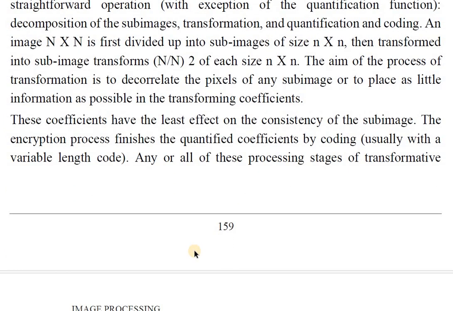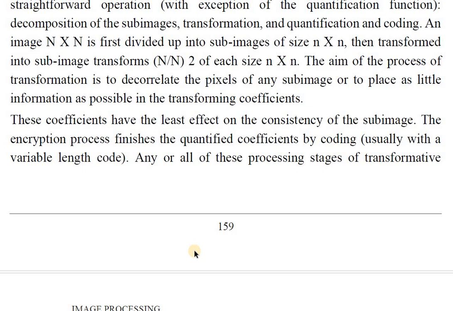Now why are we having these sub images? What is the reason for having the sub images? What happens is we are performing some transform on it. Now whatever these coefficients are, which we get as output of our transform, they have least effect on the consistency of the sub image. So many a times जो पिक्सल में correlation होता है वो हमें break करना है.